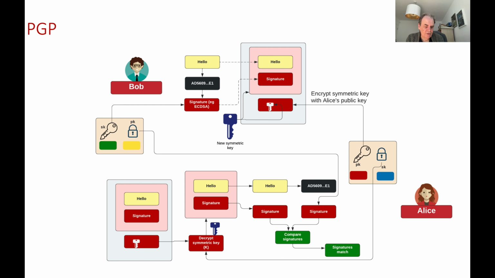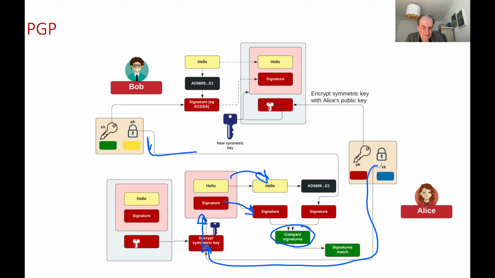Now when she receives the message, she will then use her private key to be able to decrypt the symmetric key, which is used to encrypt the message. When she does that, she can then reveal the message and the signature. Next, she takes the signature and Bob's public key and checks the signature to see that it matches with Bob's public key.